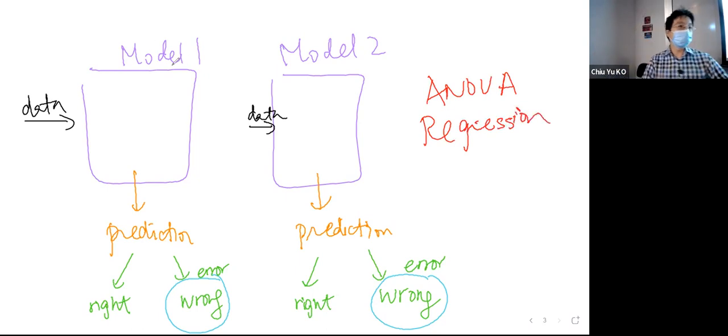A model means we have some way to describe the data. We think the data is generated in this way and make some prediction, and the prediction can be right or wrong. It's whether we fit or not. If it's a good fit, the error will be very small. If not, the error is big. And how do you compare the two? Look at the variance.